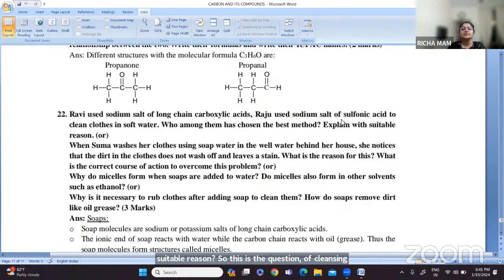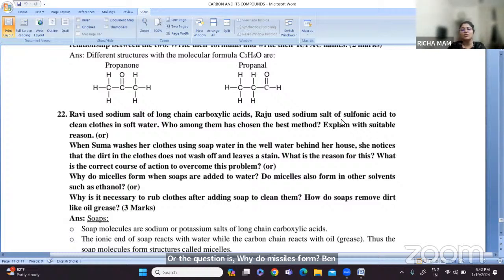Next, when Suma washed her clothes using soap water in the well water behind her house, she noticed that the dirt in the water does not wash off and leaves a stain. What is the reason for this? What is the correct course of action to overcome this problem? Or the question is framed as: why do micelles form when soaps are added to water?